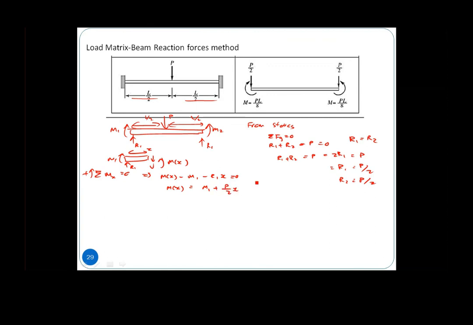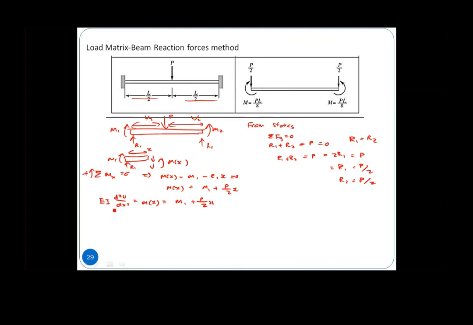So Mx equals M1 plus P over 2 x. From here, EI d2v/dx squared is our Mx, so it equals M1 plus P over 2 x.